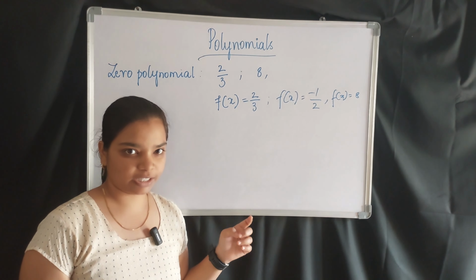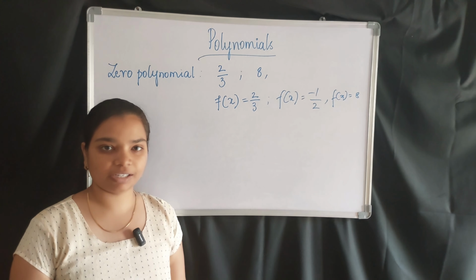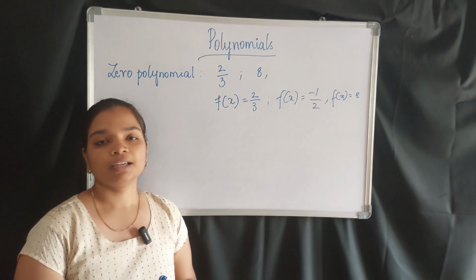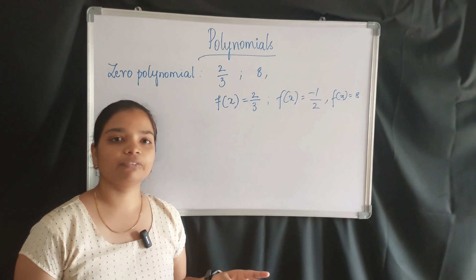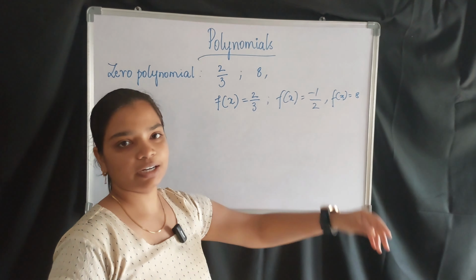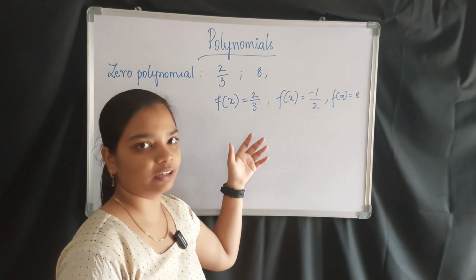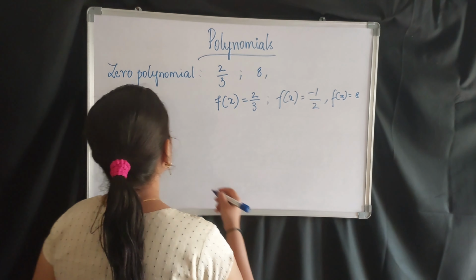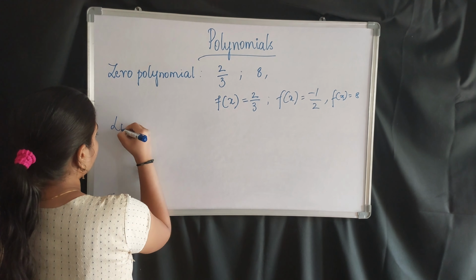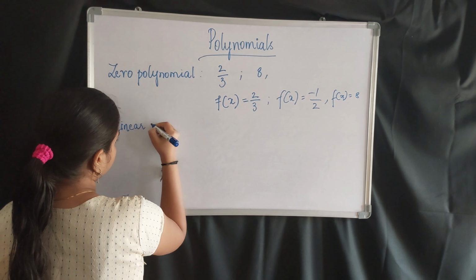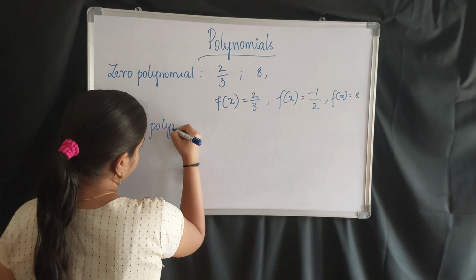So any equation having only constants, no variables and no coefficients of variables, nothing, only constants, these are said to be zero polynomial.